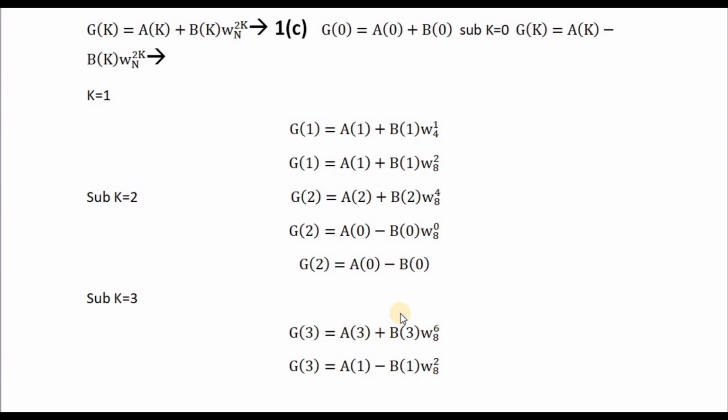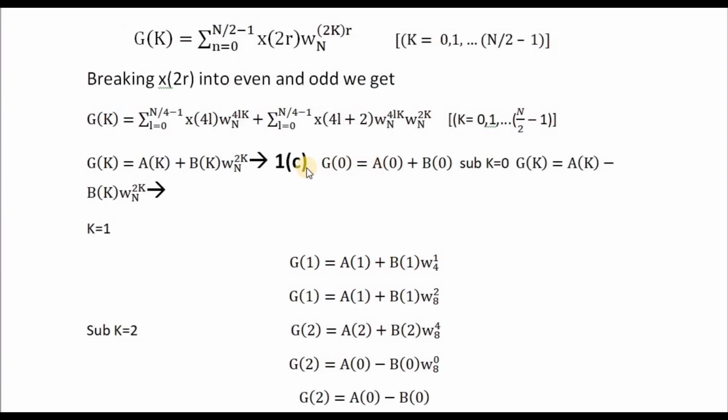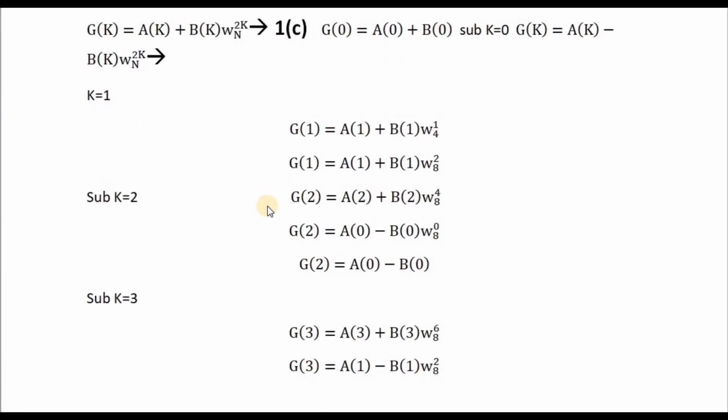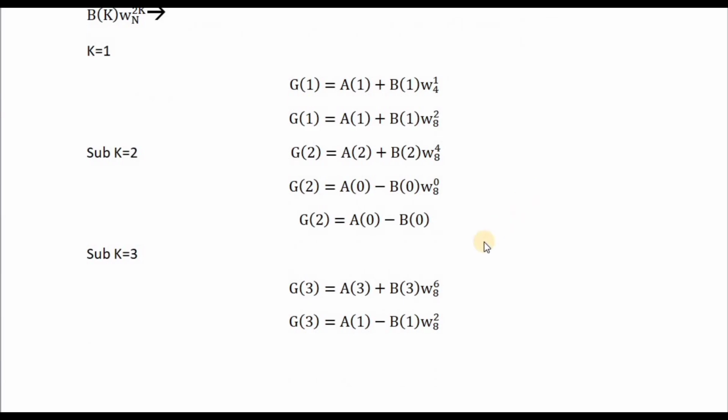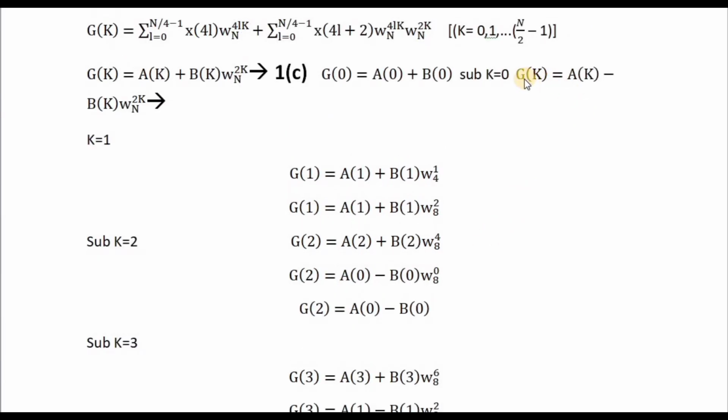If you substitute in this equation, you will get A of 3 plus B of 3, W8 of 6. But since K ranges from N by 2 to N, it has to follow this equation for symmetry.